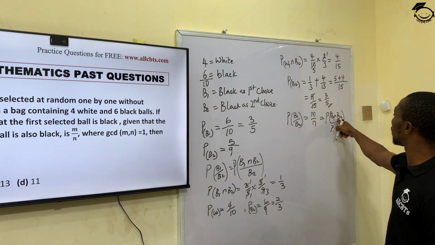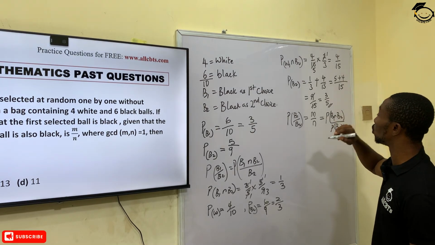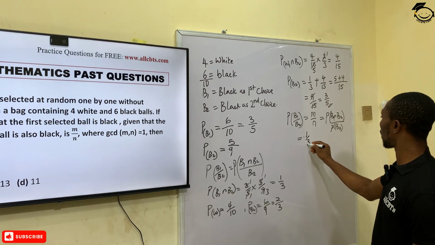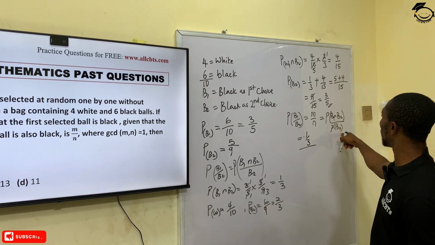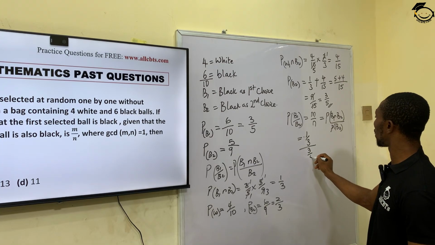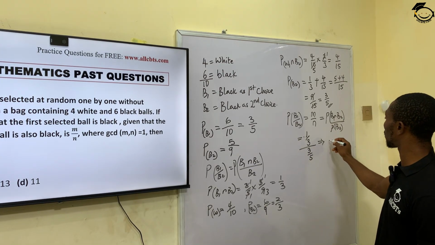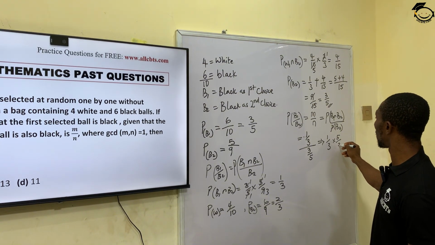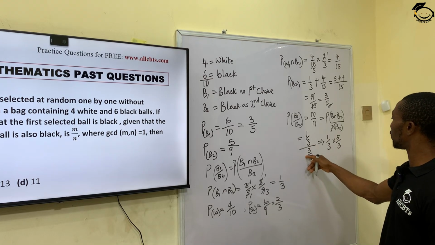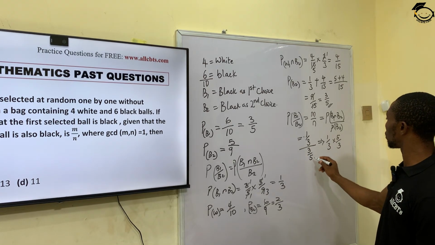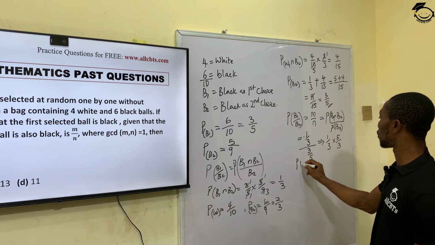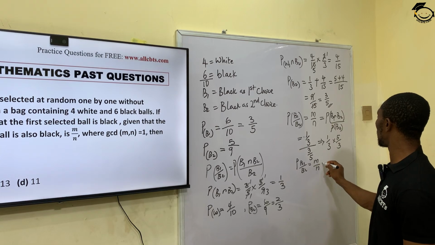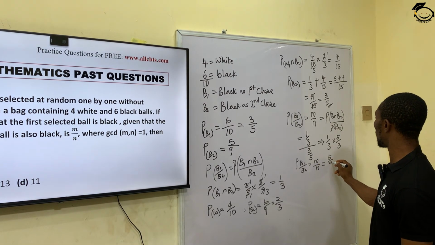Now, the probability of B1 intersection B2 is 1 over 3, all over the probability of B2, which is 3 over 5. So from here, we have 1 over 3 times 5 over 3. We take the inverse of this, so the probability of B1 given B2, which is m over n, equals 5 over 9.